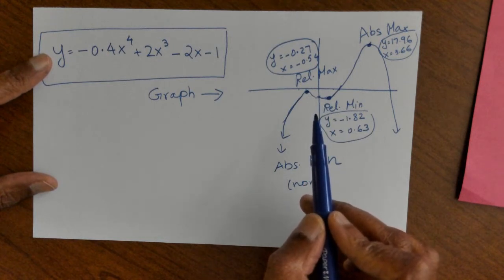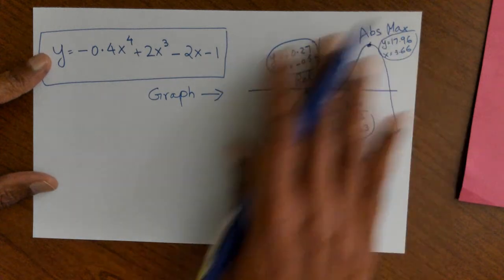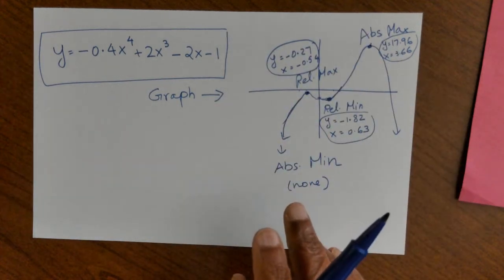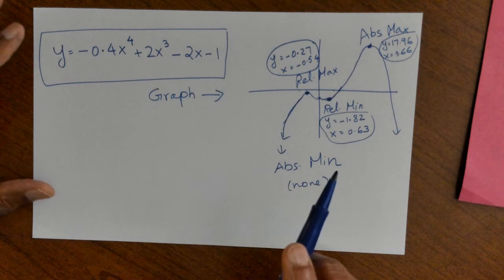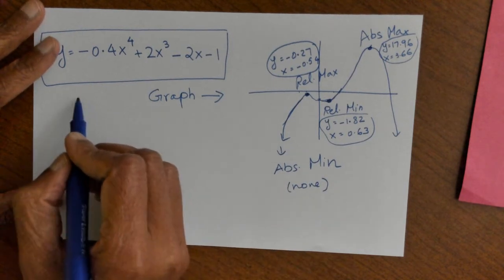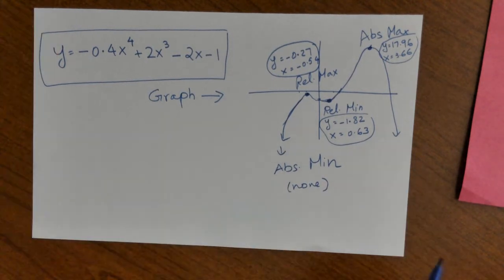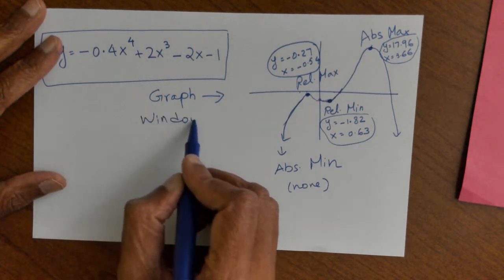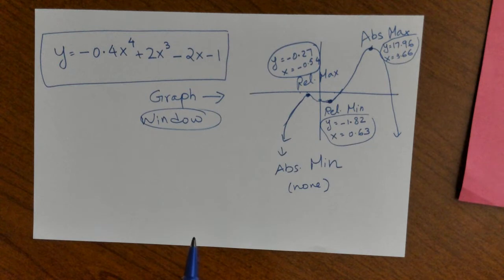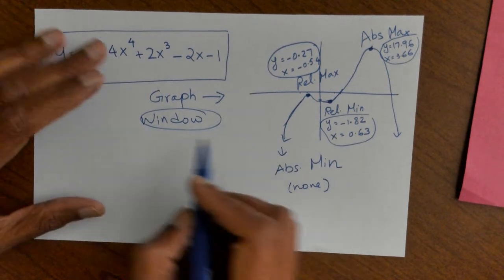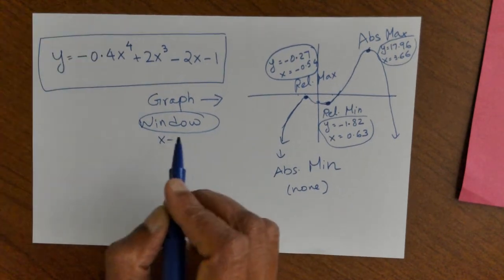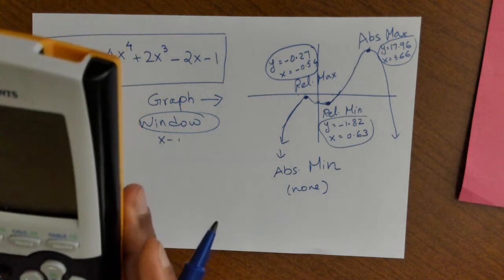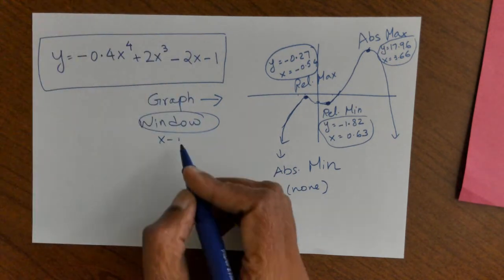When you hit graph, is there anyone who's not able to see the entire graph? Mine is kind of zoomed. Do you all see an option called window? Can you all find that button, window? Okay, in the window, it shows you X minimum first.